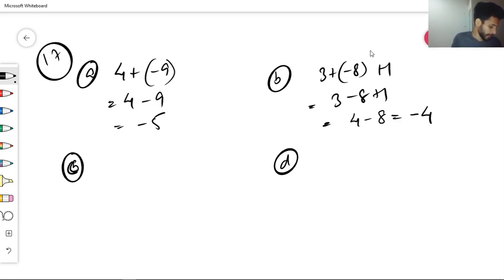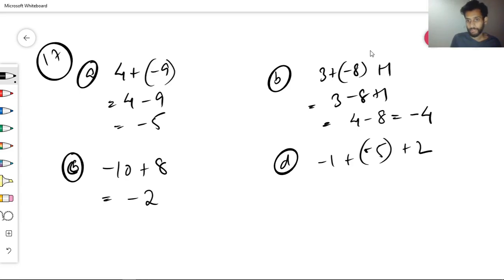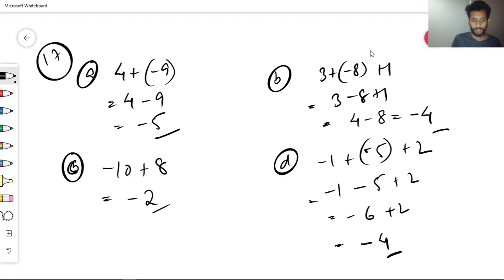Okay, then C is minus 10 plus 8, so here it will be minus 2, and D will be minus 1 plus minus 5 plus 2, so it will be minus 6 plus 2, which will be minus 4.